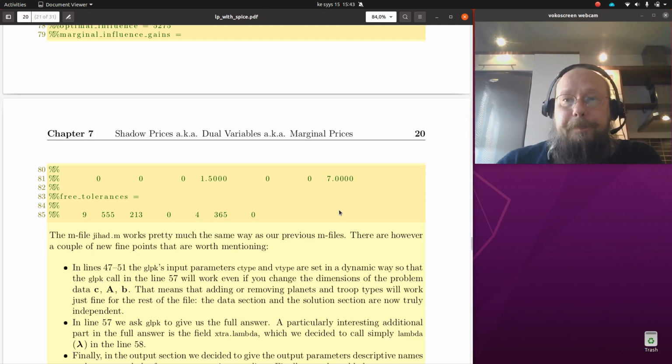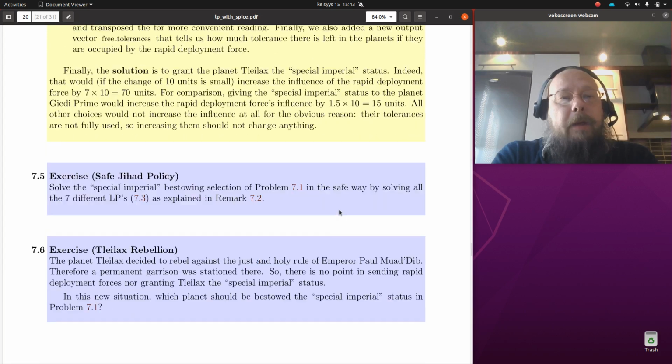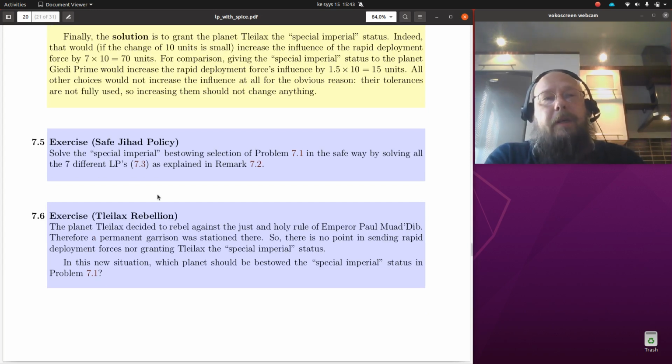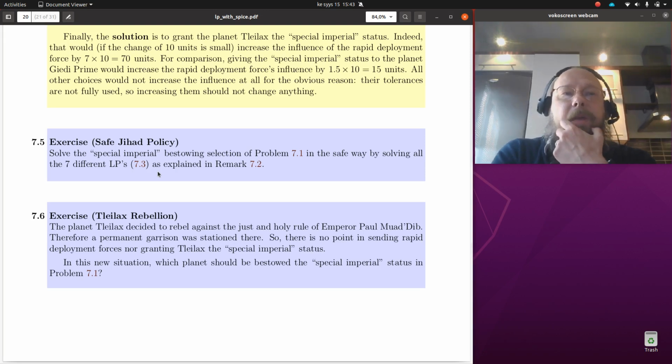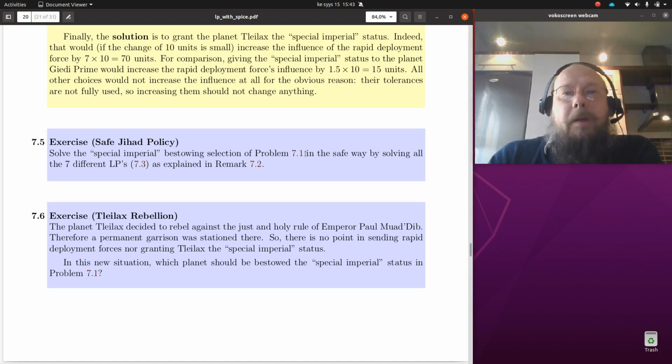Okay, so that was the story and the solution. So we have a couple of exercises for this. The first one, and this is important to do, is to solve this special imperial bestowing selection problem, Muad'Dib's jihad problem 7.1, in the safe way.